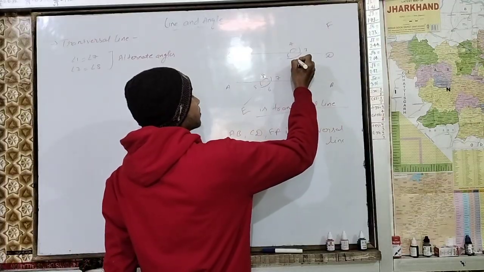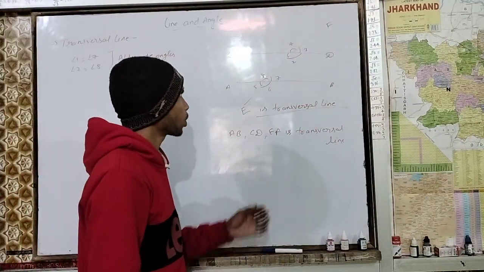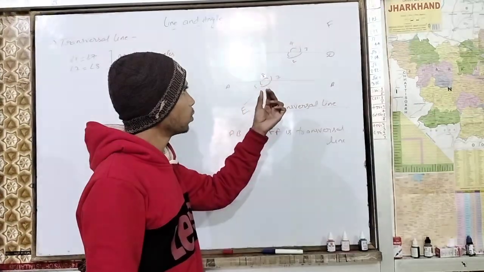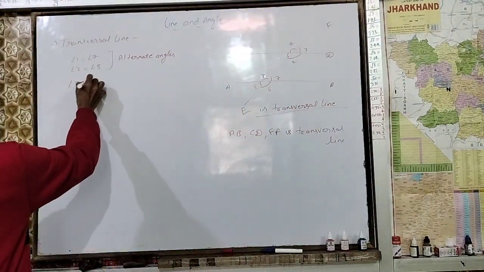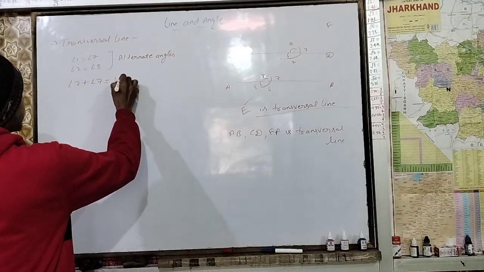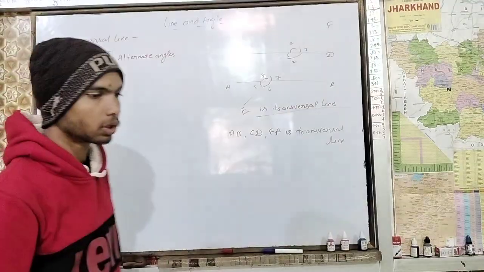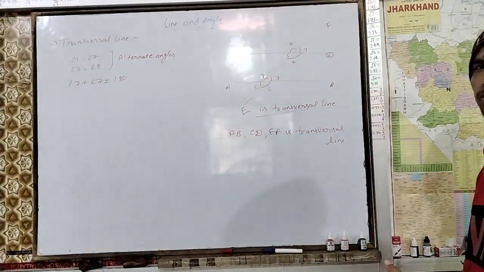Now as we can see, what will be angle 2 and angle 7? My answer is angle 2 plus angle 7 is going to give us 180 degrees. There is a proof.